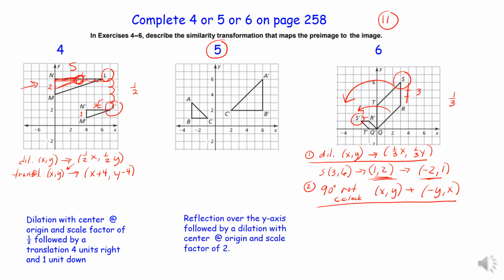So what they wanted you to do for y is the first thing you were going to do is a reflection, which would take xy to negative xy. So reflection over the, remember we're doing this first, reflection over the y-axis. And then the second thing would be a dilation.